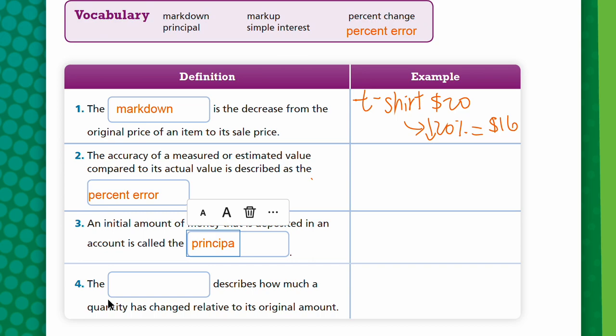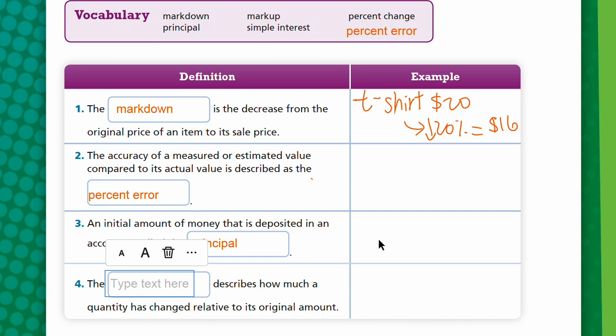Number 4, the blank describes how much a quantity has changed relative to its original amount. So compared to the original one, you're looking at the change. It's the percent change. Yay. And then let's look at some examples.